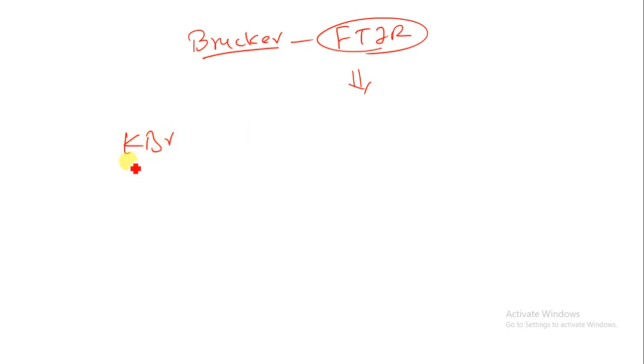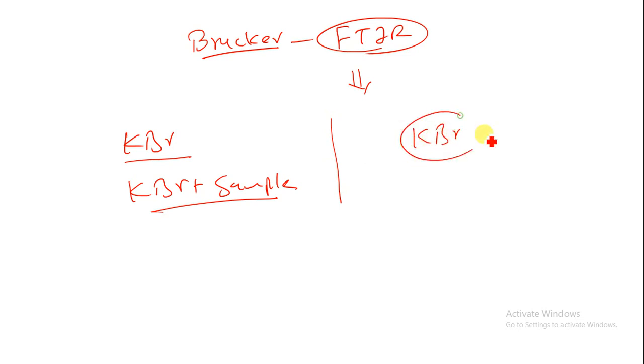First we had to take the KBr spectra, then we had to take the KBr plus sample. Nowadays, modern instruments have an inbuilt KBr spectrum in the computer. We just have to run the spectrum of only the sample. Modern instruments have this type of facility.